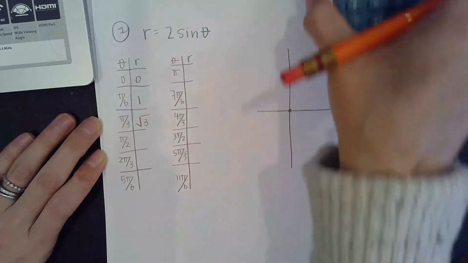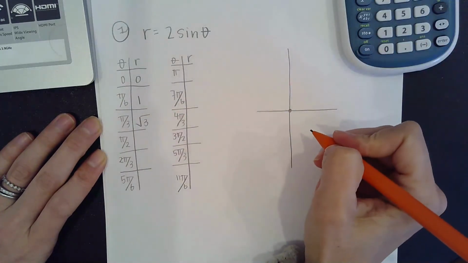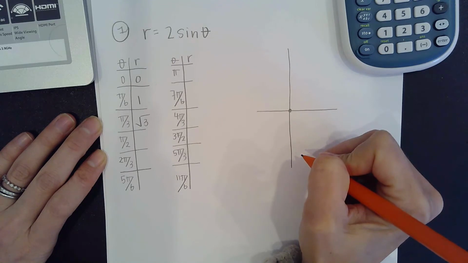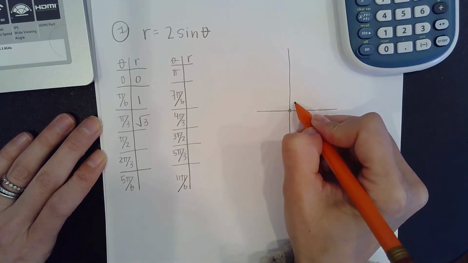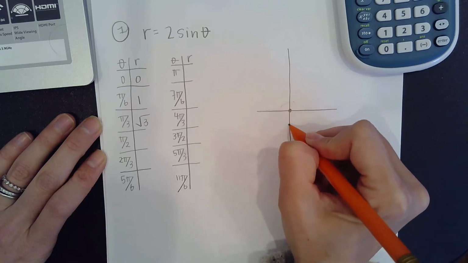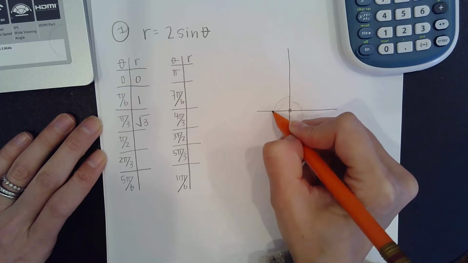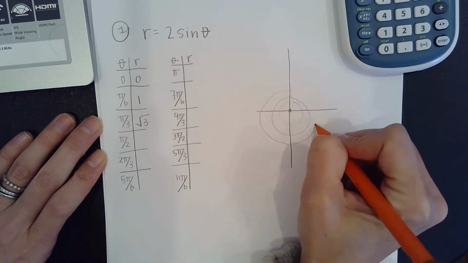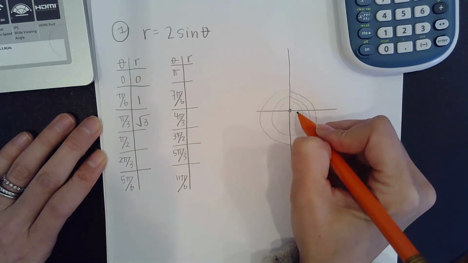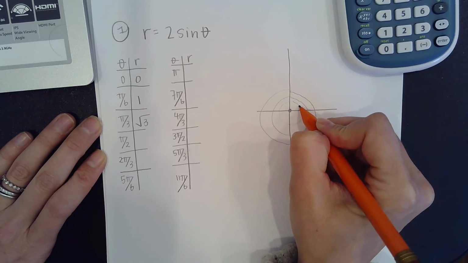Okay, so for your theta value of pi over 6, you're going to be at 1. So I'm going to draw these real light here. That's a radius of 1, this is a radius of 2, that'll be a radius of 3. So on radius 1, we're going to be at pi over 6, about right there.